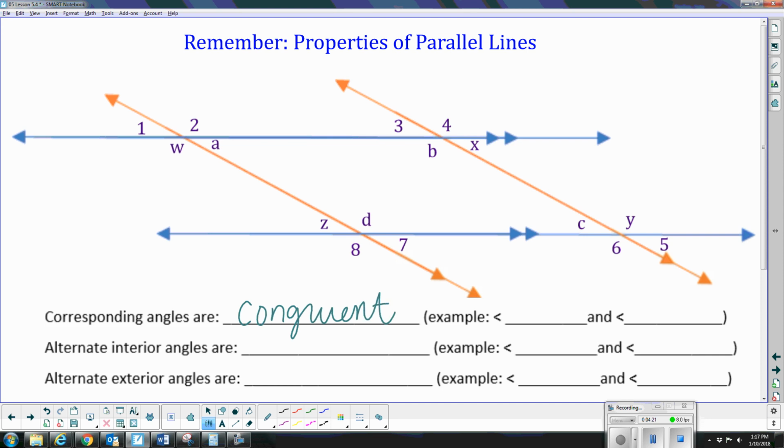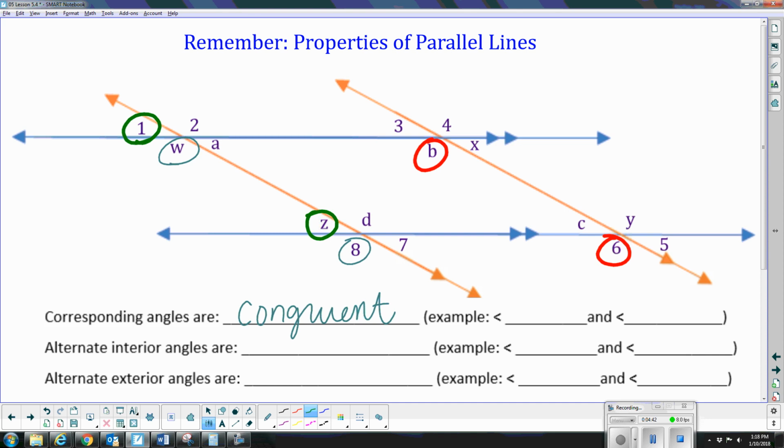An example of corresponding angles would be 8 and W, for example, or it could be B and 6. There are a ton of examples of corresponding angles in this diagram.